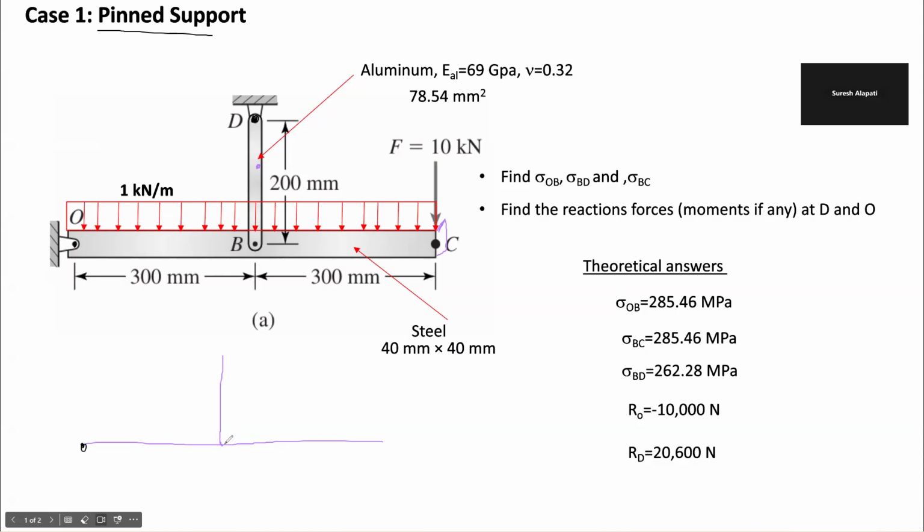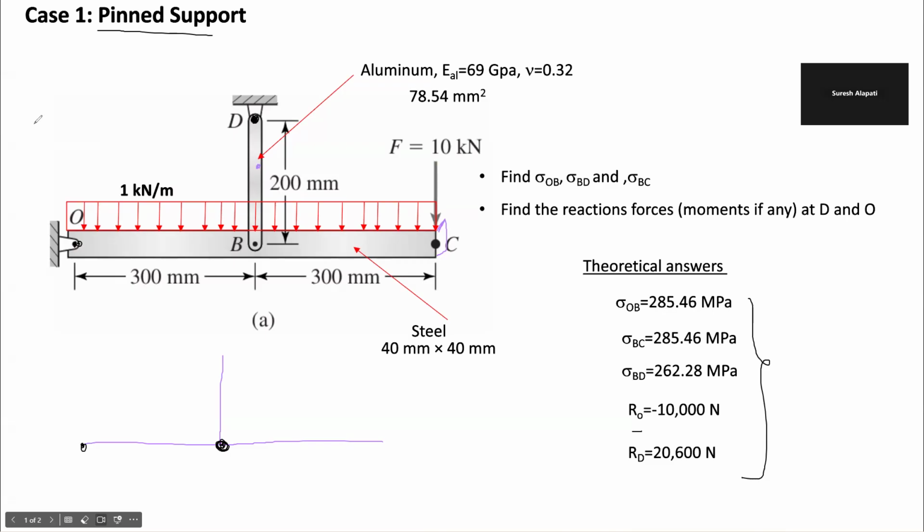It's not a single line body, but two line bodies, and we join them using a bonded connection. After finding the solution, we compare our solution with the theoretical values, and also find the reaction force here and here.